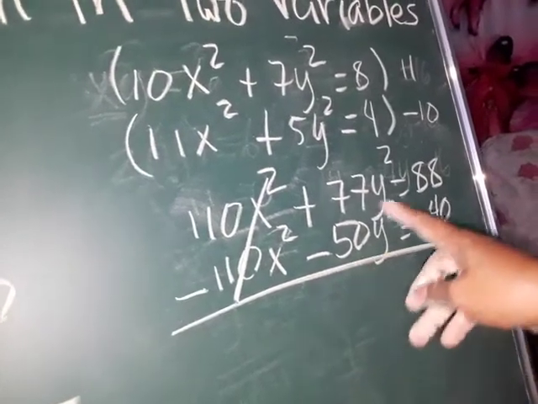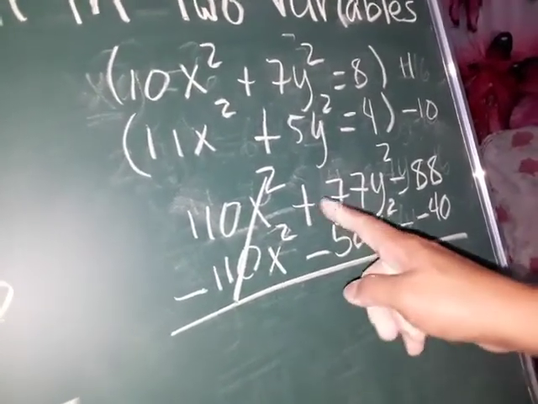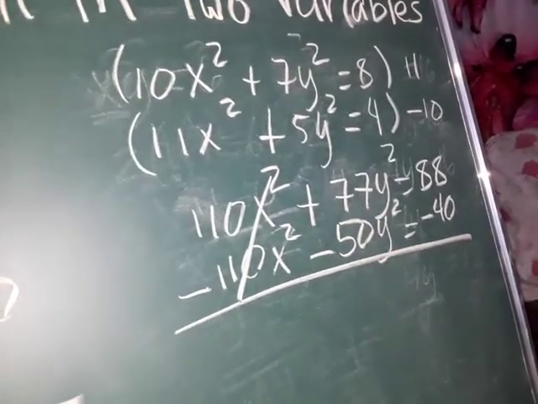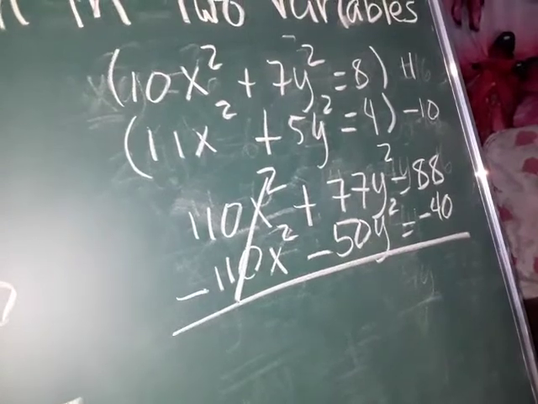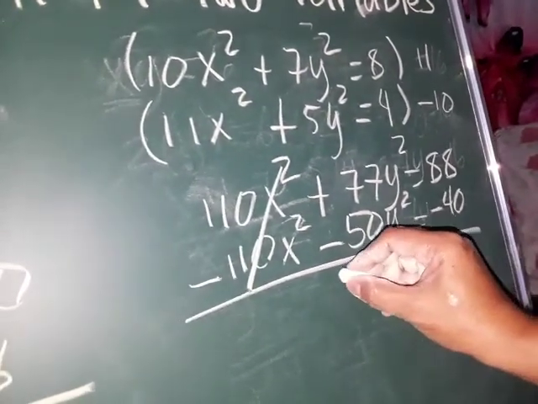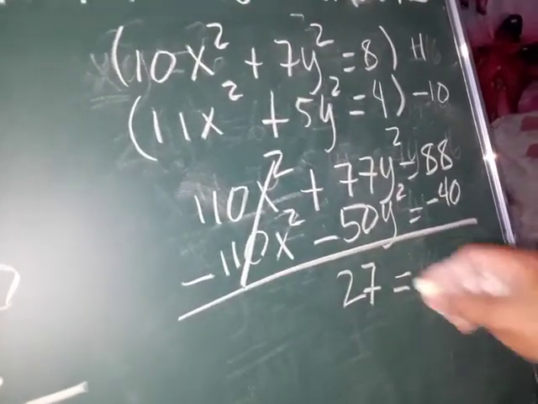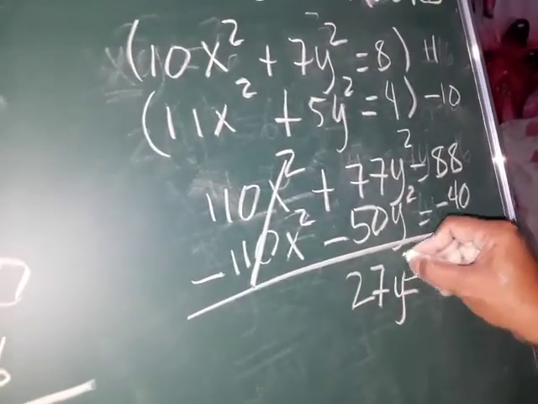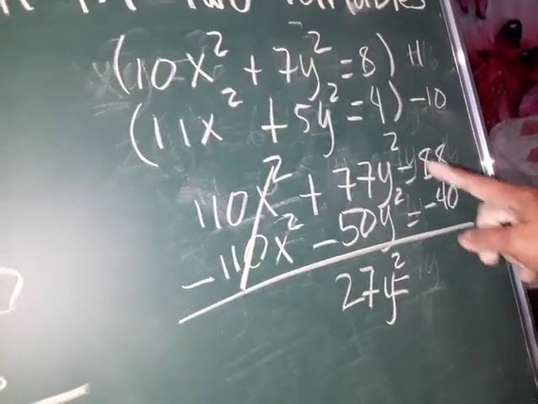Then 50 and 77y squared, since they are unlike signs, we copy the sign of the greater value, so positive. And then subtract 77 and 50, that will become 27y squared is equal to 88 minus 40.